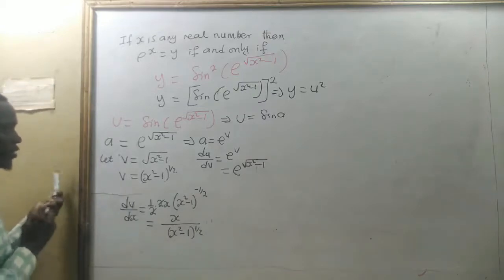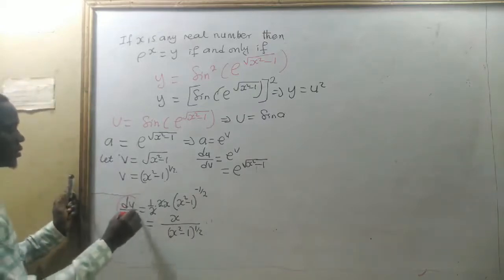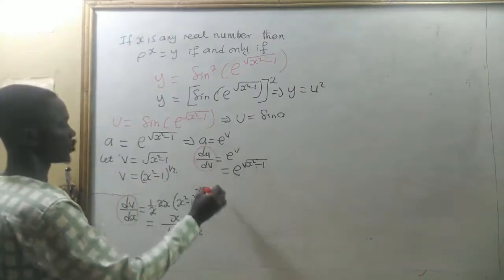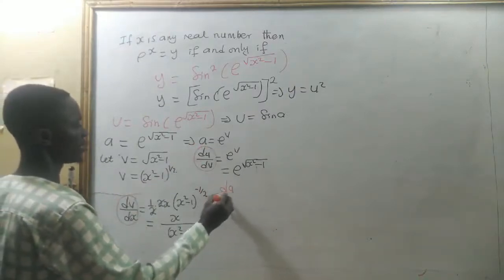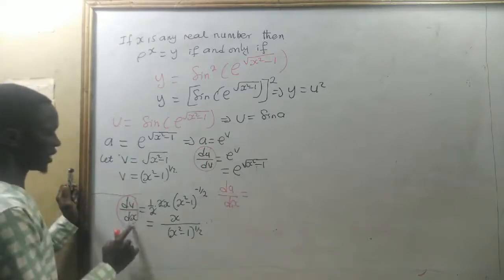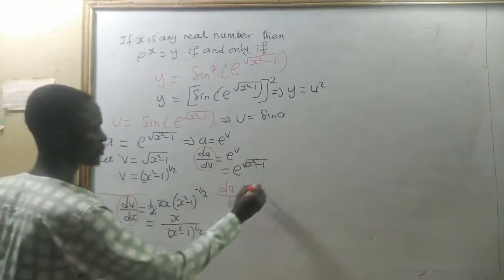So we found our dv/dx and dA/dv. So we can find dA/dx, and that will give us dv/dx. That is what we have here.